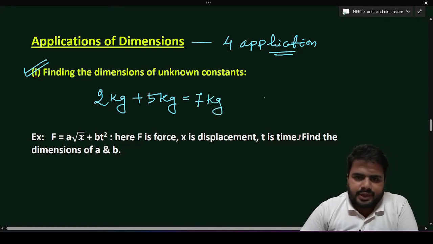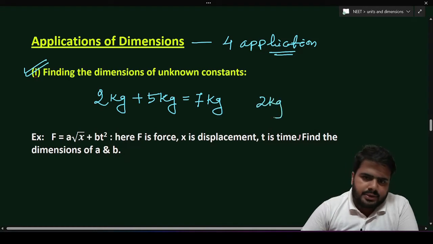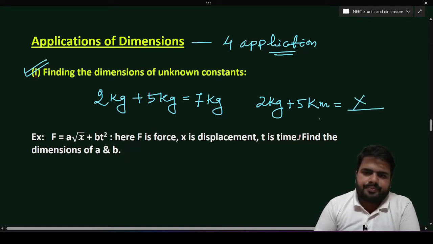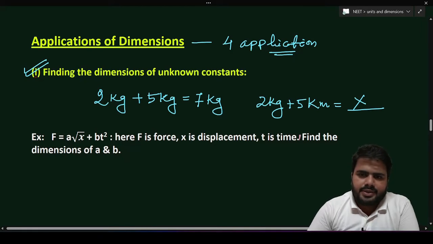But if I add 2 kg with 5 kilometer, is it possible to add? No, it is not possible. Clear? Why is it not possible? Here I have taken mass and length.